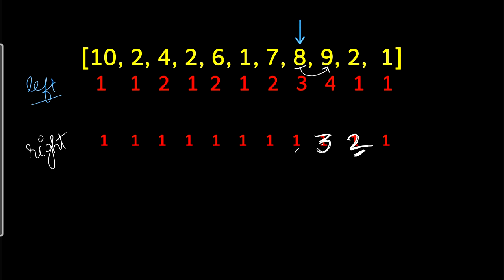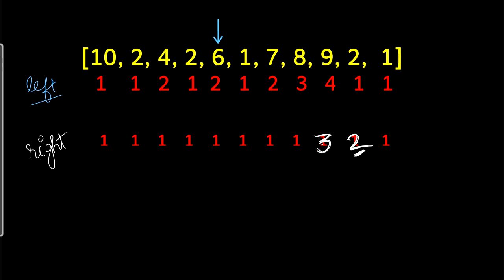So he will get just 1 candy. Then for 7 rating, if I compare 7 with 8, 7 is not greater than 8. So this person will get 1 candy only. Then for the next child, 1 rating is not greater than 7. So here this child will get only 1 candy.